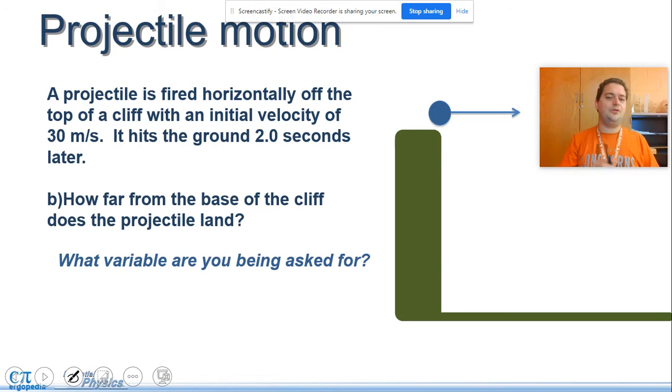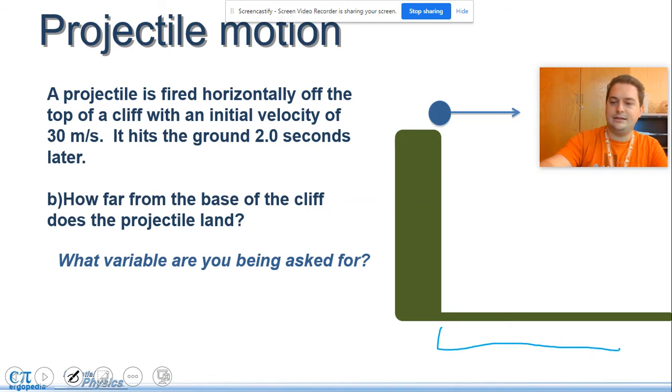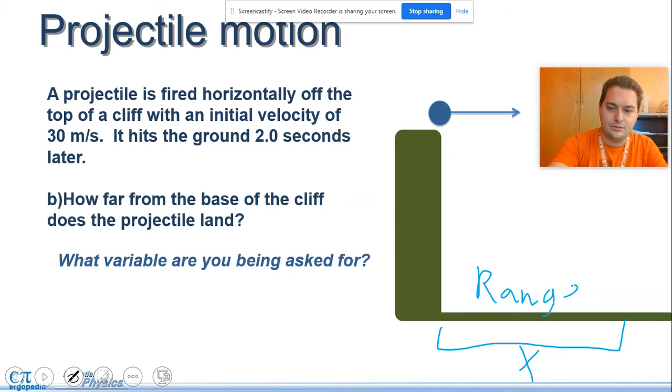Next question, how far from the base of the cliff does the projectile land? So thinking about what variable you are being asked for, if we're asking how far from the base of the cliff that it lands, is that the x or the y-axis? The x-axis, we're looking for range. What was our range equation?